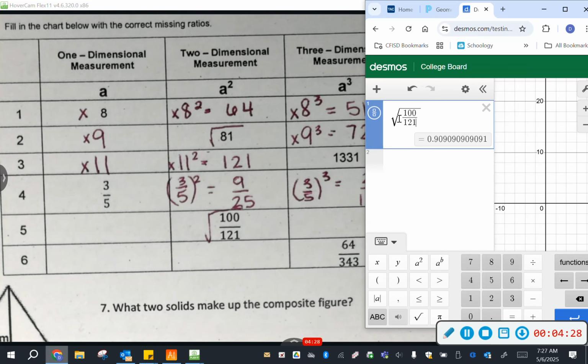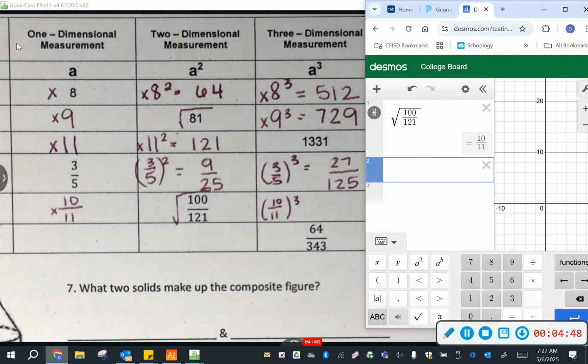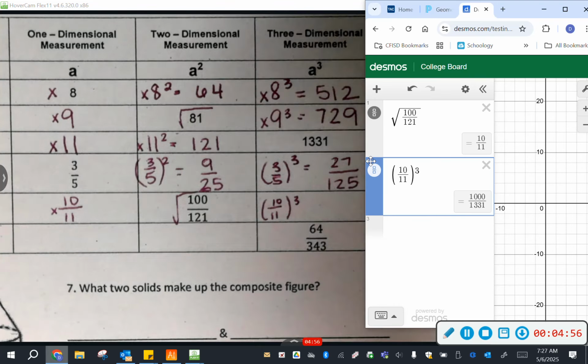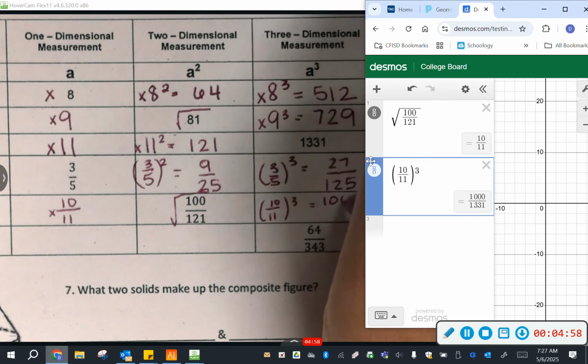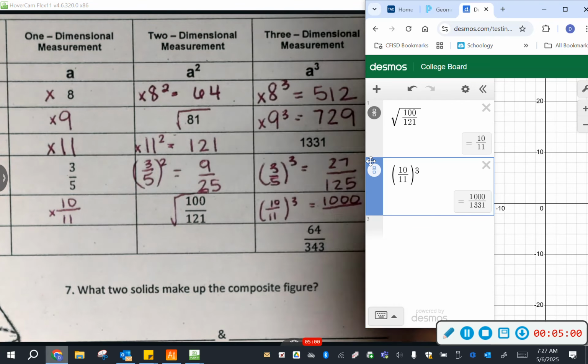First column. And then how do I get the third column? Cube that. And again, disgusting decimal, hit the fraction button. And actually, that's kind of a disgusting fraction, but it's what I want as your answer.